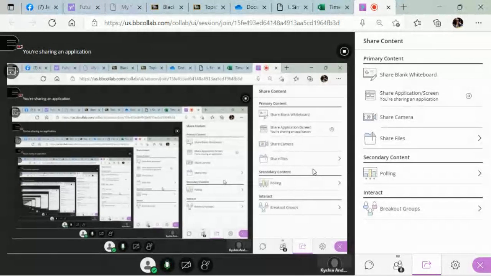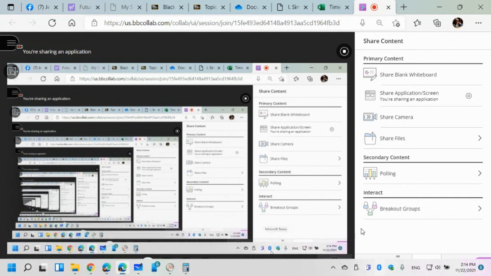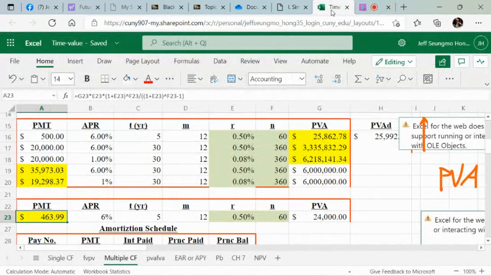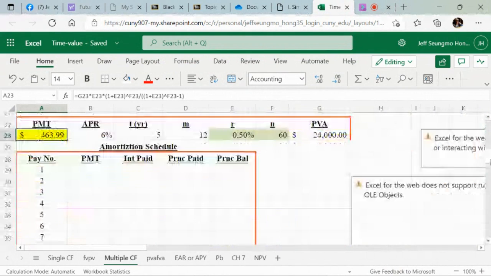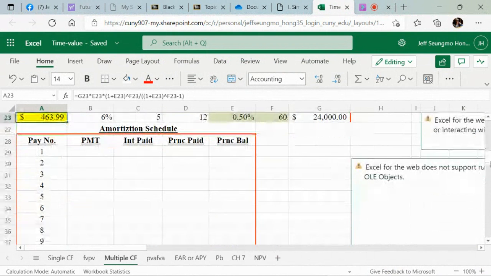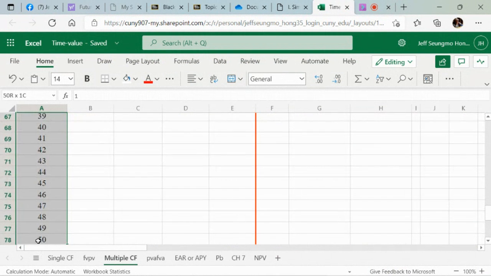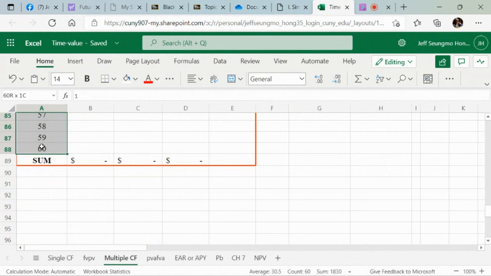All right, we're back. So let's go into our Excel file and go down to row 28. Below row 28, you will see in column A, the numbers are already input there, 1 through 60.